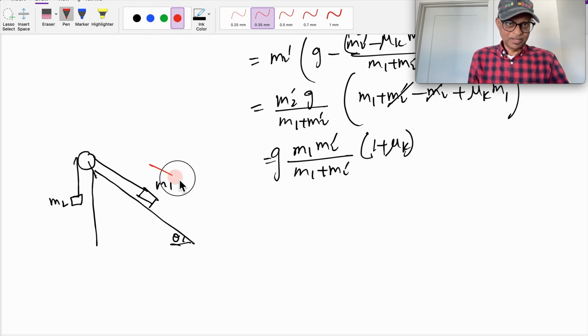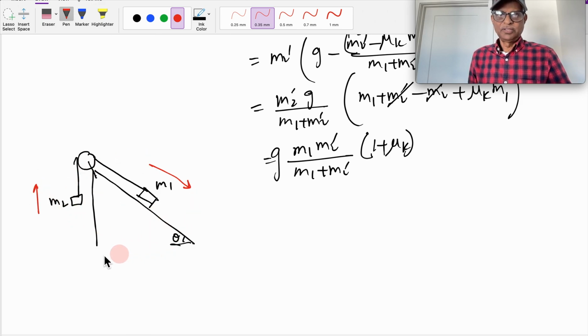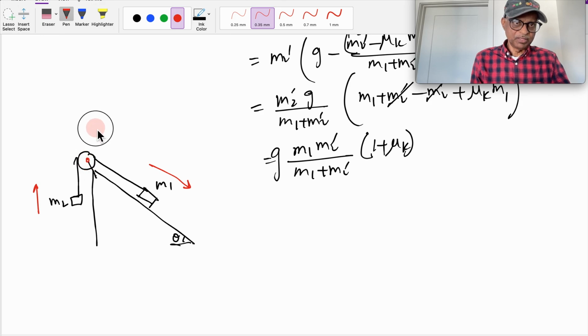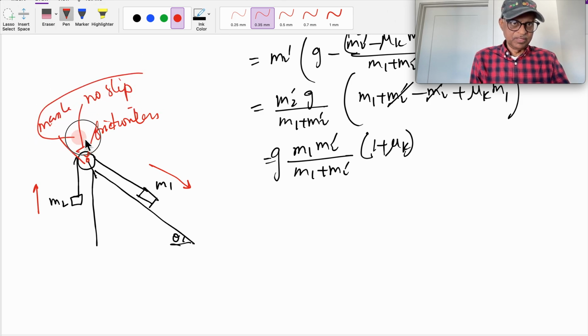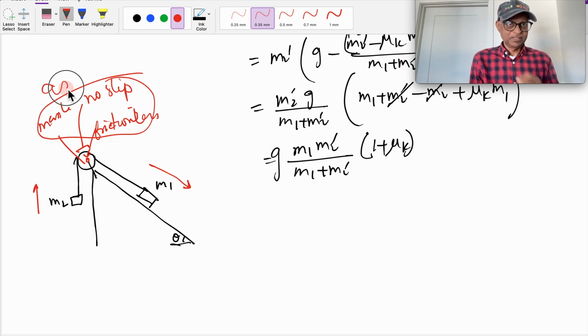Imagine this guy is going down like this, so this is kind of lifting like that. Okay, now learn to analyze this problem. Consider this pulley to be frictionless, massless, no slip. So assume these three assumptions.